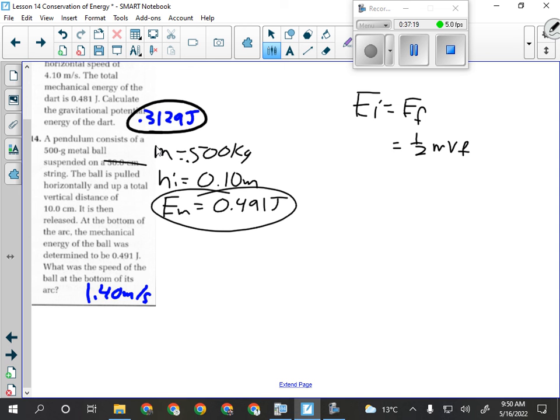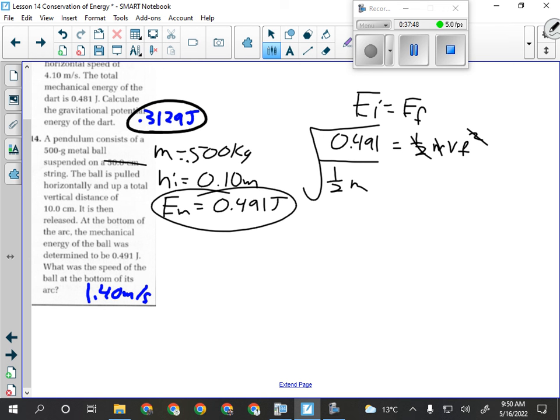They told me the mechanical energy. They said it's this much. I don't need to go any further than that. I just need to manipulate this to get VF. Oh, sorry, that was squared, so that'll cancel the square. And if I do that, I should still get my 1.4 meters per second. Everybody all right with that idea?